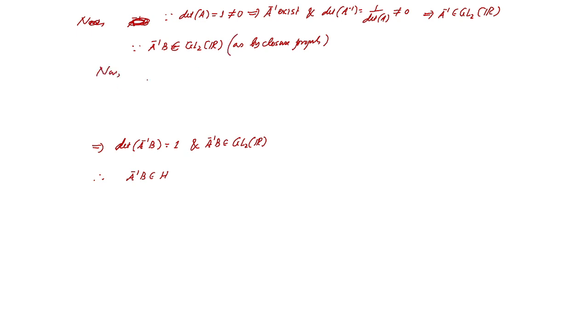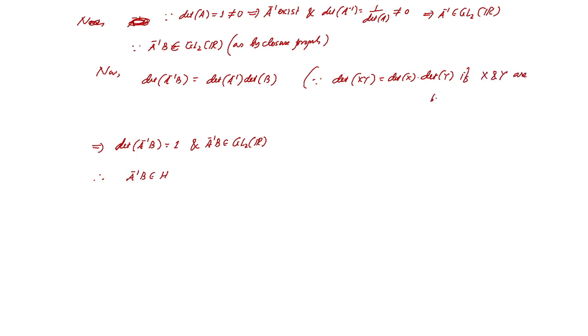And now we'll calculate the determinant of A inverse B. That will be det of A inverse into det of B, because we know determinant of XY equals det X into det Y if X and Y are both 2 cross 2 real matrices.